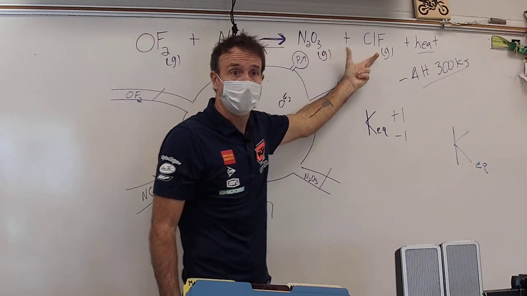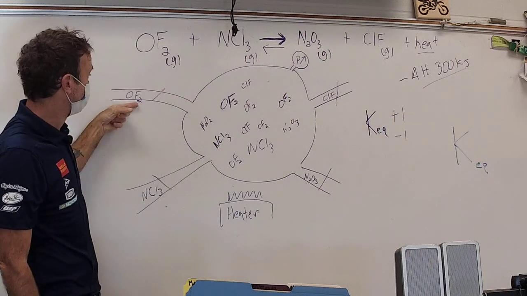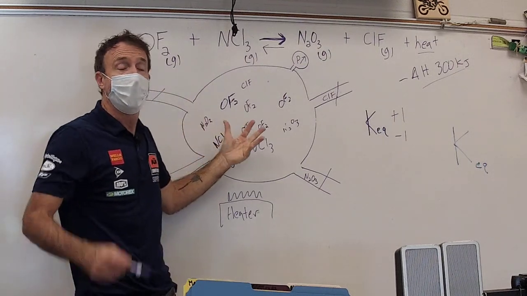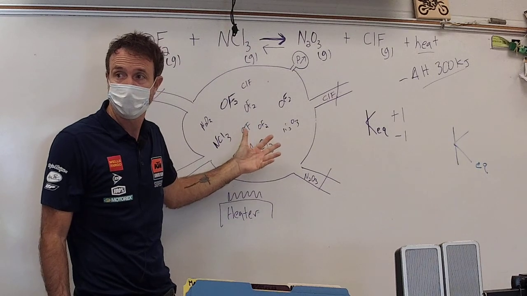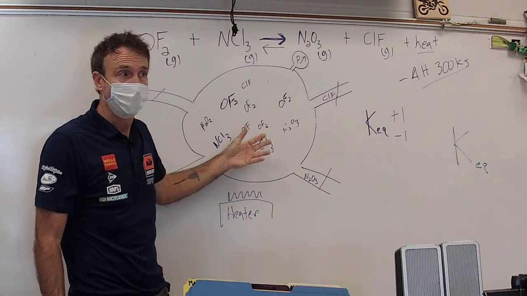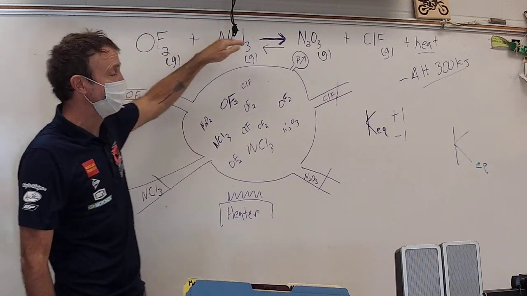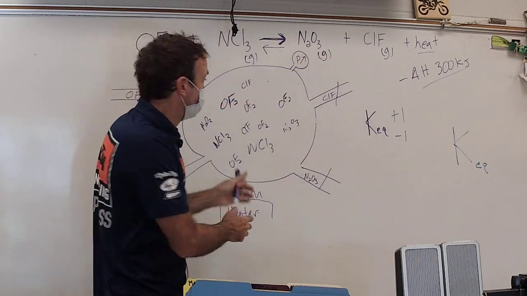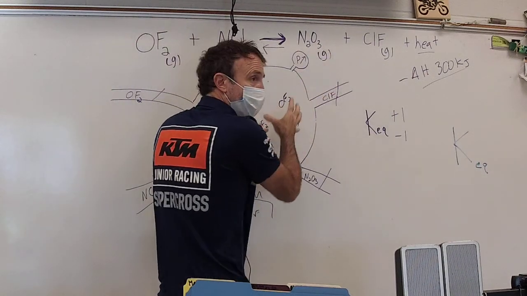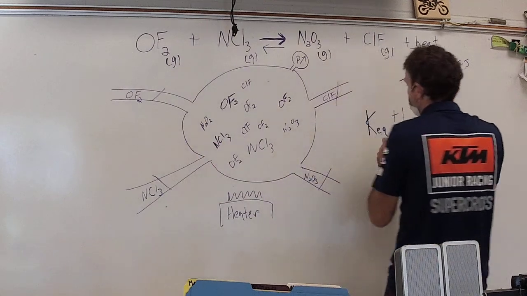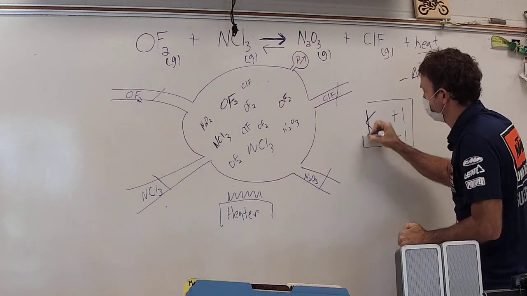And you understand why it would have to do that, because now there's more OF2 in there and a higher likelihood of collisions. So adding a reactant causes a shift to the right. You make some more product, and then it goes right back to being at equilibrium again.